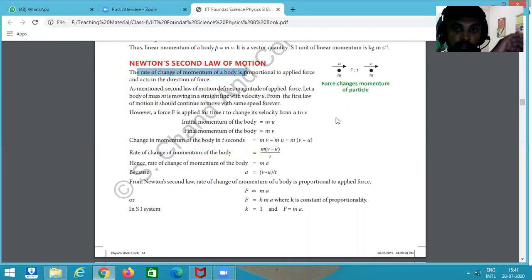Why? Because if we do not move our hand, the ball is coming with some speed or velocity, it hits our hand, and we may be injured. So we move our hands and apply force with the movement of our hand.